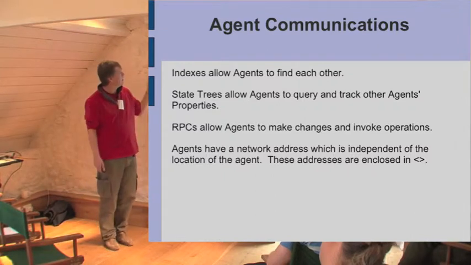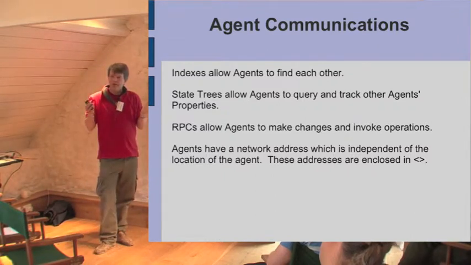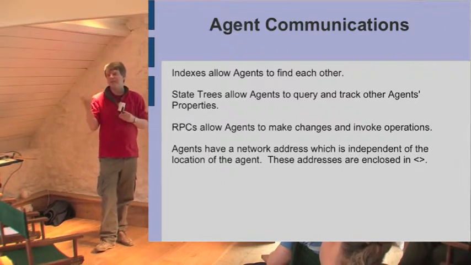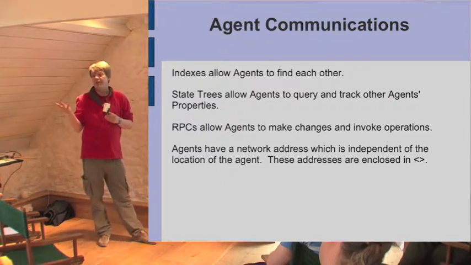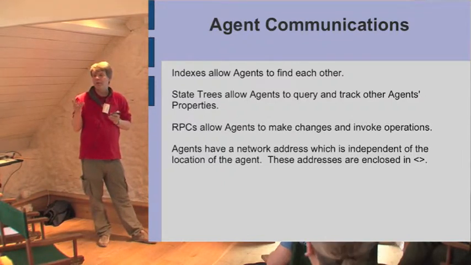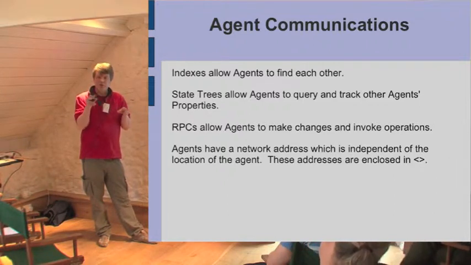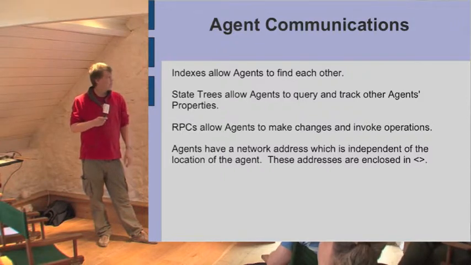So that's indexes. Each agent, logically, is really composed of a tree of very primitive variables that have some properties. Think of them as OSC ports, if you like, OSC URLs, same kind of thing. Very, very simple, and it's a numeric tree. And an agent is a whole bunch of them.